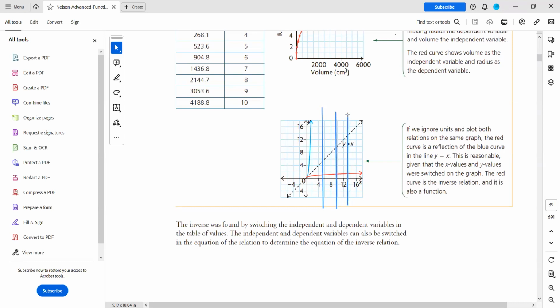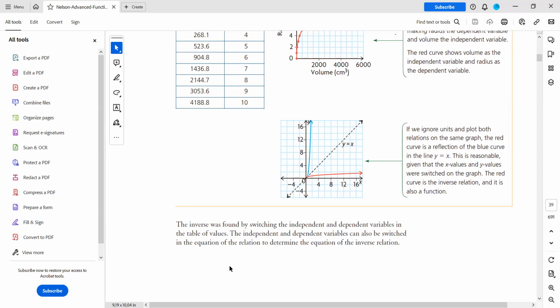This is called the slicing method. If you can slice up your function like this, and this blue line passes through the curve only in one point, then this is a function. This is one of the easiest ways of testing whether a relation is a function or not.